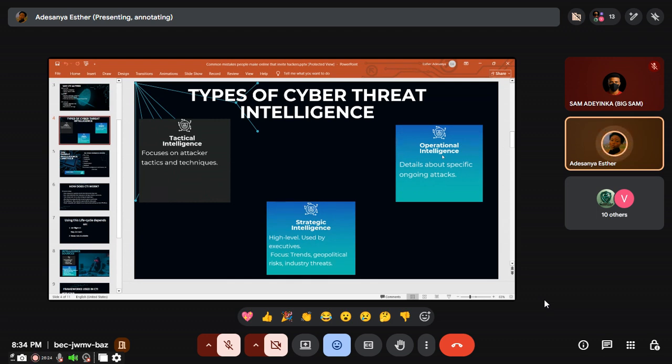If the intelligence requirement is to identify the tactical security controls that will help with identifying files being used as initial access, the technical analysis will be used.